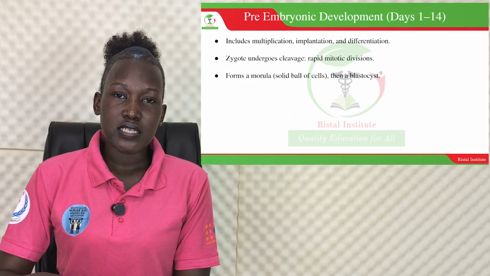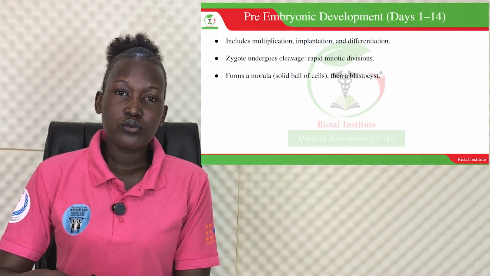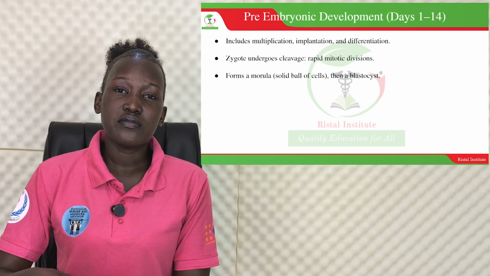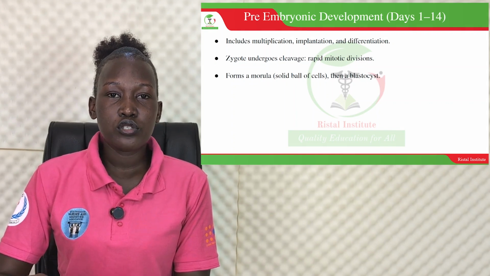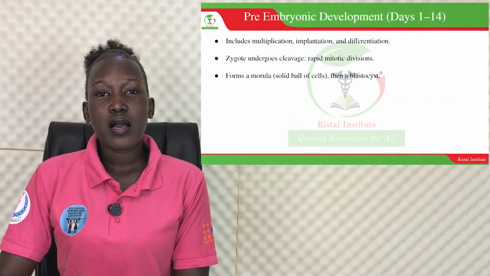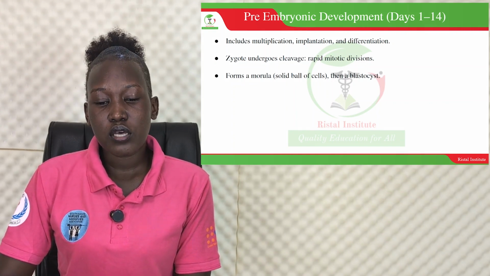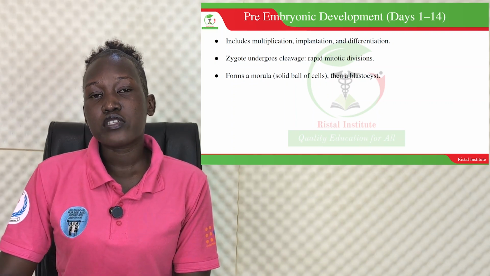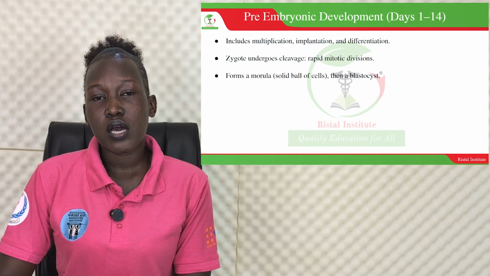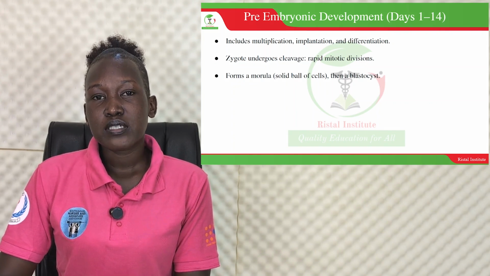Remember, it started by 2. So this 2 continues to divide like that. By the third day, we have a ball of cells called the morula, containing 16 cells. By the 5th day, we have about 58 cells which are formed, and we call it a blastocyst.